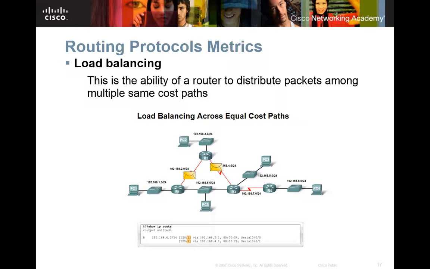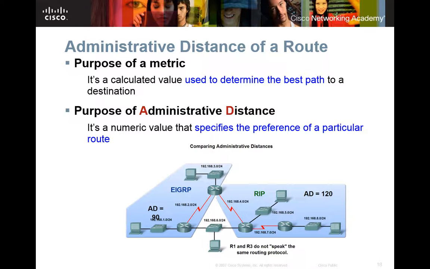Load balancing. What about load balancing? It's the ability of the router to distribute packets among multiple same-cost paths. So if the paths are both at 1, then it can go to either one. What's the purpose of a metric?